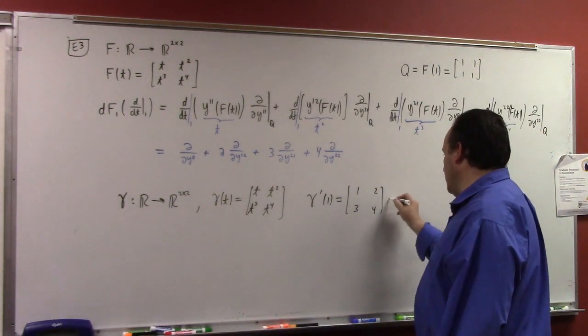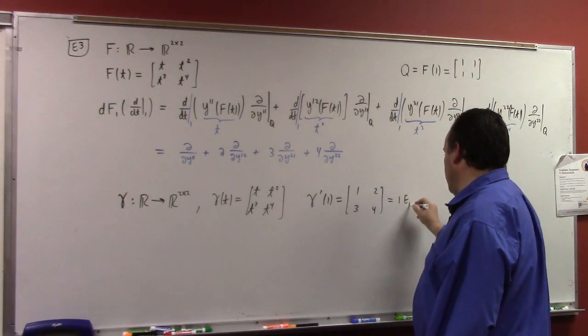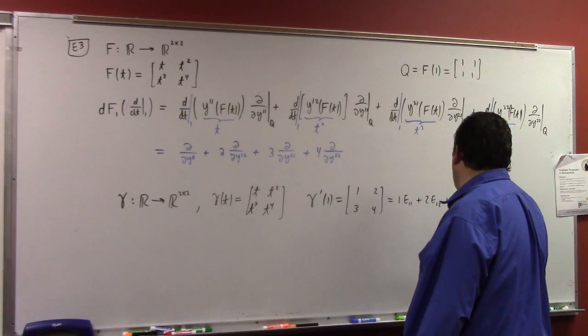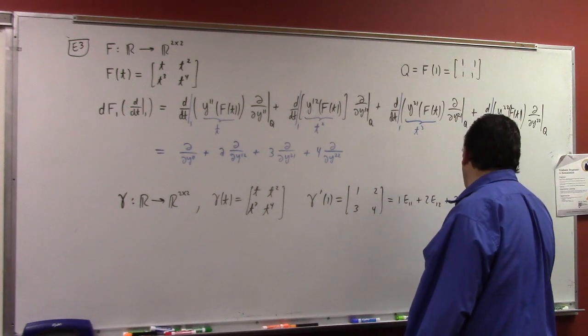And so, of course, that's equal to 1 times E11 plus 2 times E12 plus 3 times E21 plus 4 times E22.